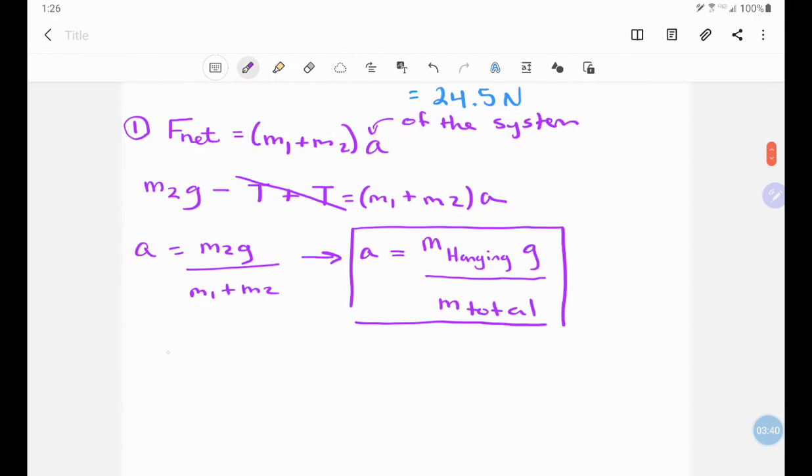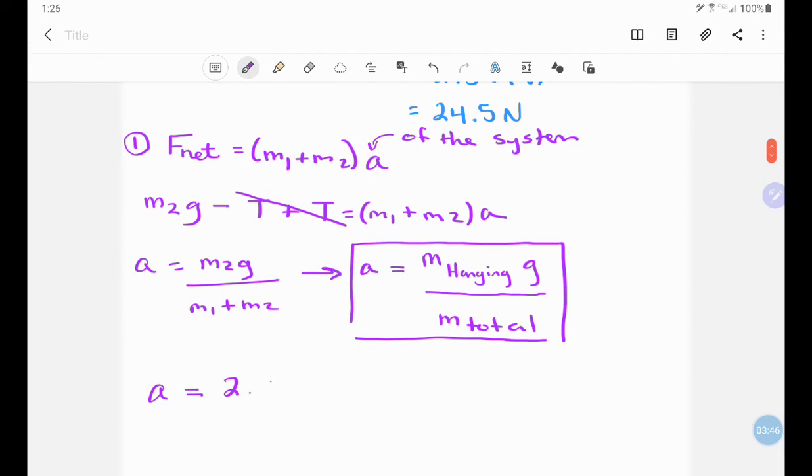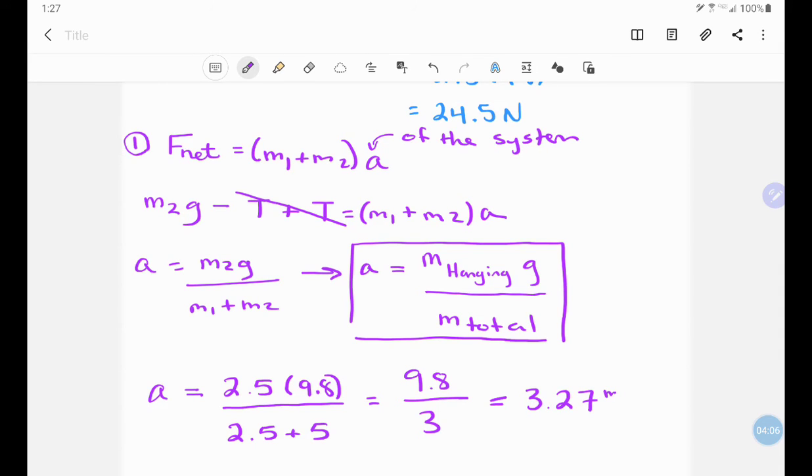From there, I can plug numbers in. So the hanging mass, guys, was 2.5 times 9.8 over the total mass, which is 2.5 plus 5. That is 9.8 divided by 3, or 3.27 meters per second squared.